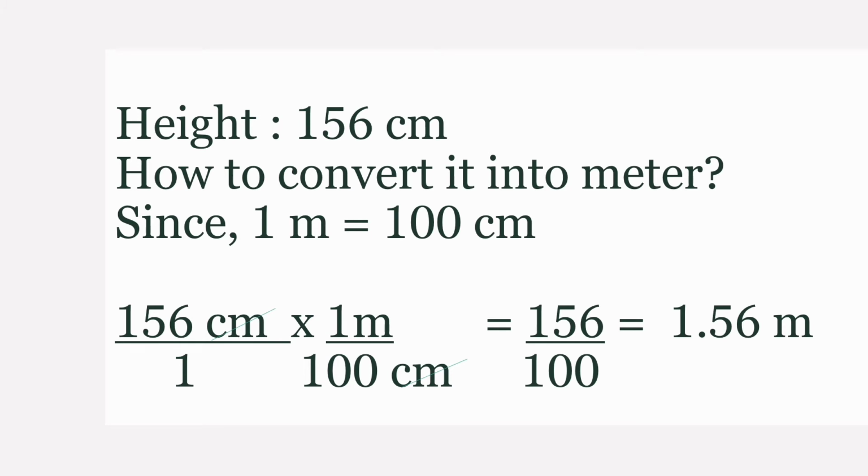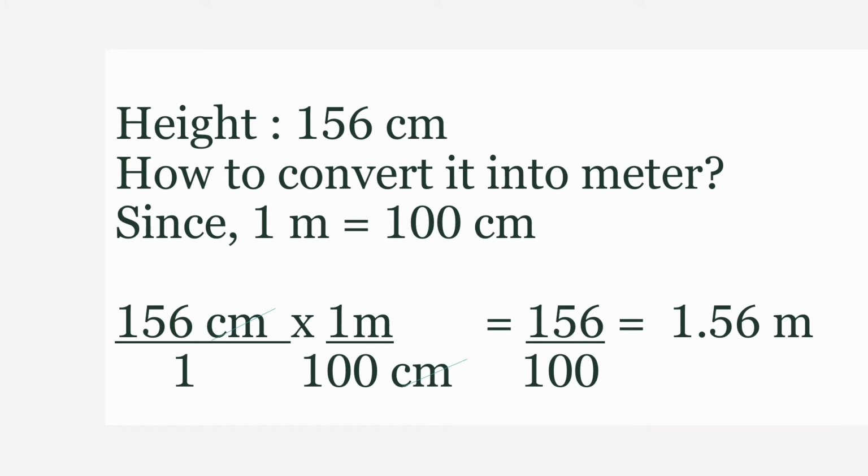I will teach you how to convert centimeter into meter. Let's say for example, your height is 156 centimeters. How do we convert it into meter? Since 1 meter is equal to 100 centimeters, I will teach you step by step. 156 centimeters over 1, because every whole number has a denominator of 1, times 1 meter over 100 centimeters.